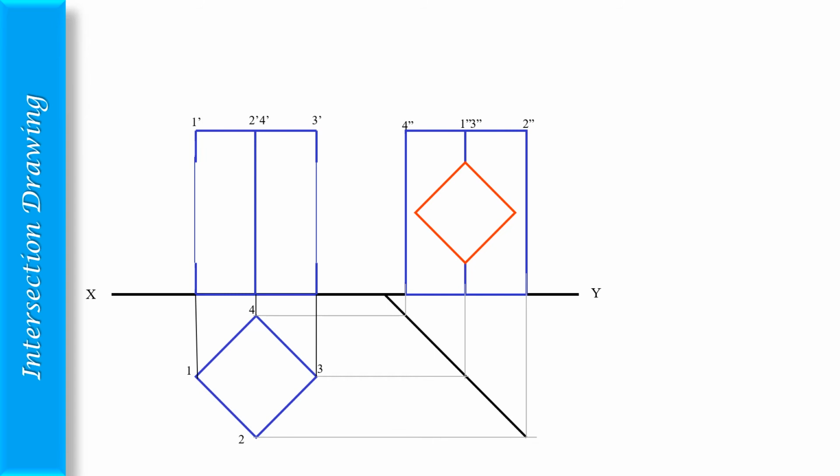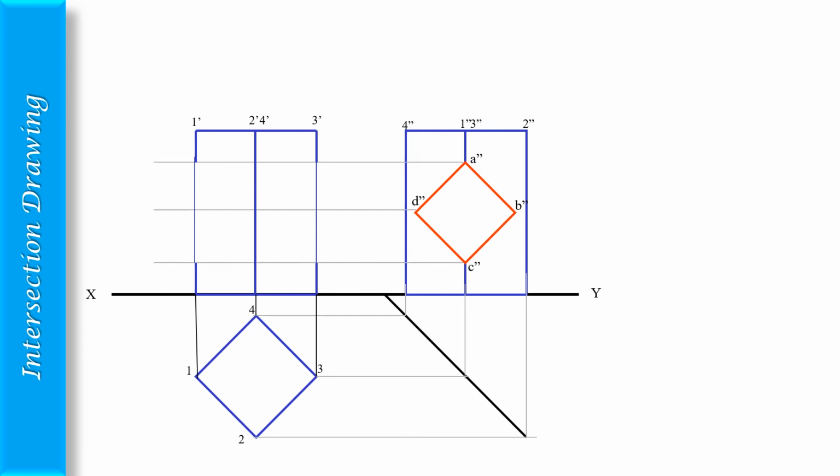Now we are going to start to draw the second prism, which has 25 mm base sides and 70 mm axis. Name it in alphabet: A double dash, B double dash, C double dash and D double dash. It goes one by one to the front view.